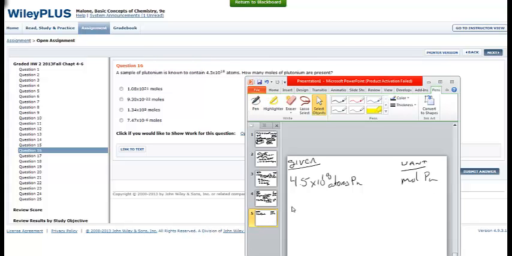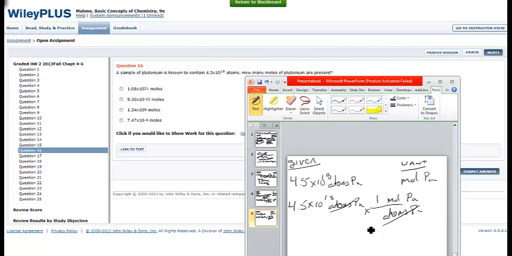So we go 4.5 times 10 to the 18th atoms, and this has to be plutonium. We put a conversion factor in that puts atoms of plutonium down here, and we put moles of plutonium up here, so we can cancel those units.